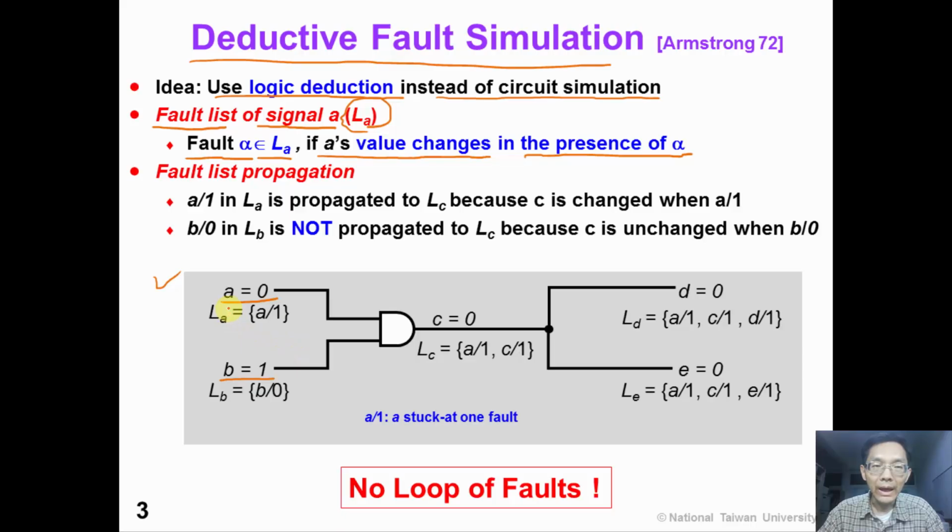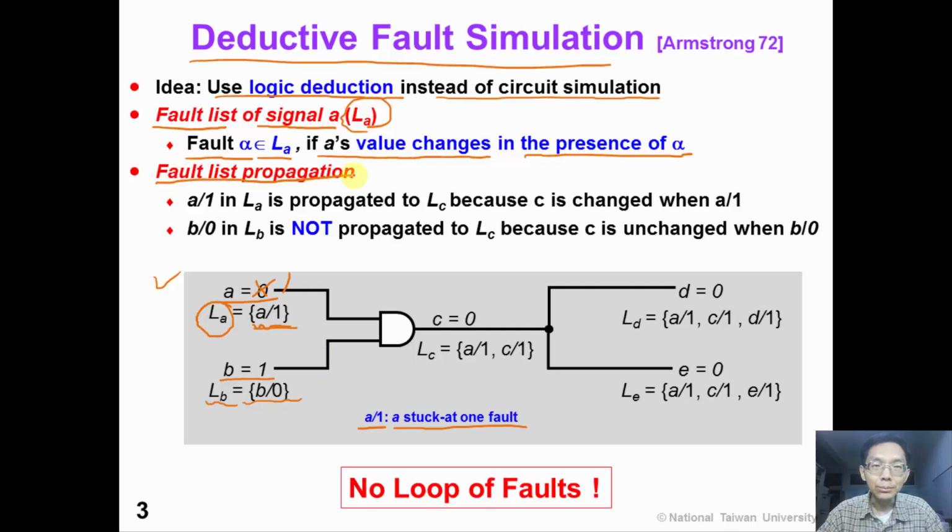The fault list of A, denoted as LA, has only one fault, the A stuck at 1 fault. In this picture, A/1 denotes the fault A stuck at 1. Because if A is stuck at 1, the value of A would be changed to 1. That's the reason why A stuck at 1 fault is in LA. Similarly, the fault list of B contains one fault, B stuck at 0.